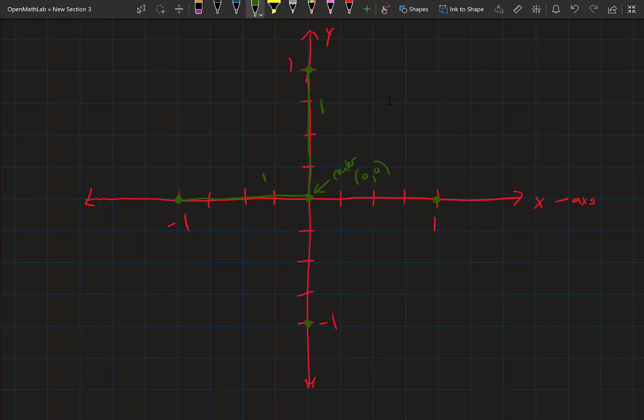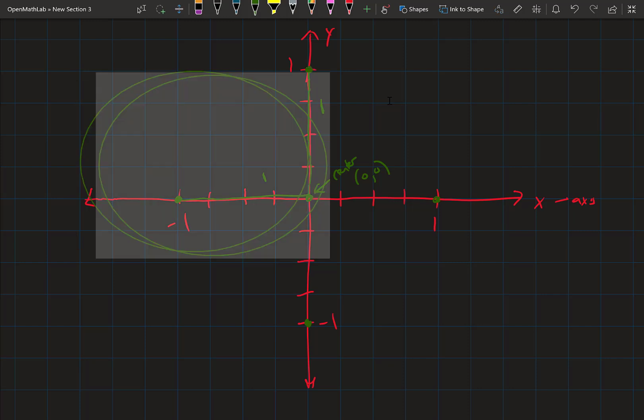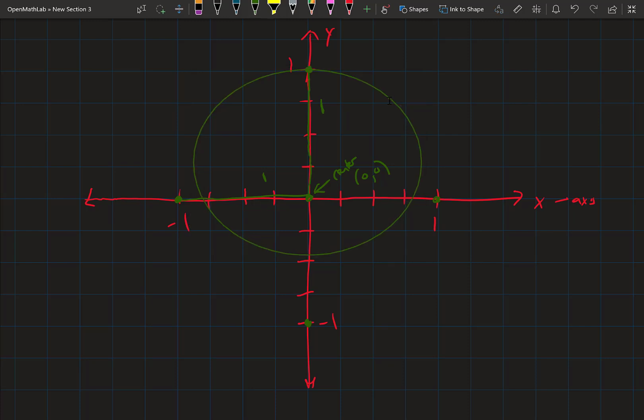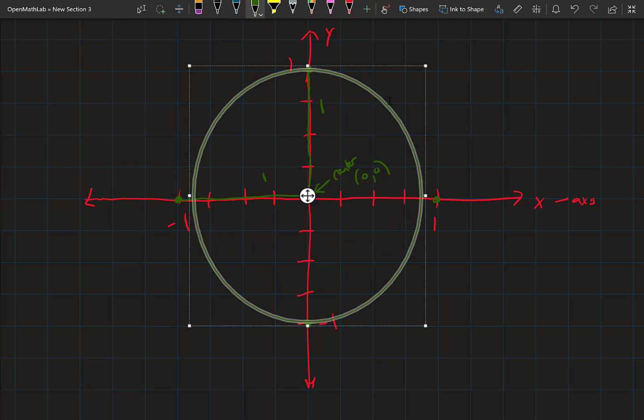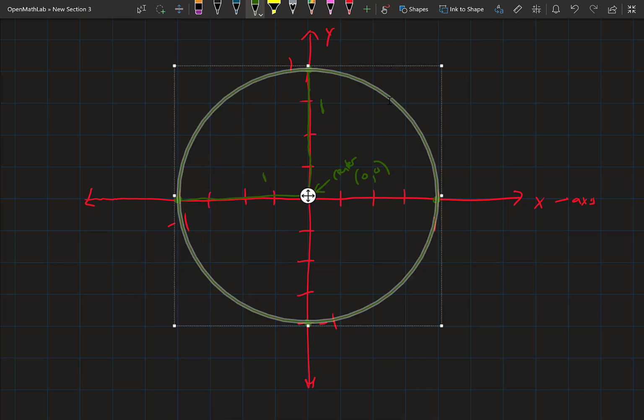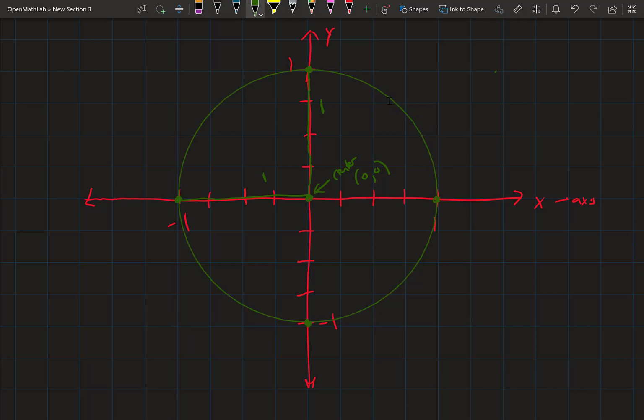And then let me see if I can make a circle here. There.